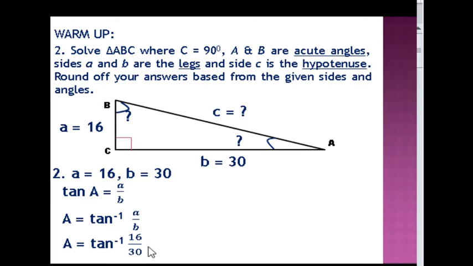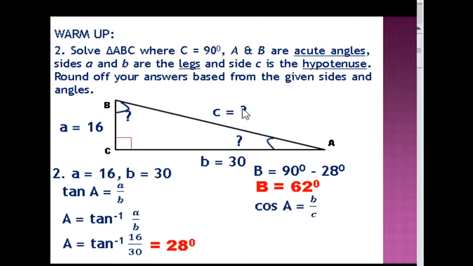Solving this in a scientific calculator, A is equal to 28 degrees. Now, since A and B are complementary angles, we can determine angle B by getting the difference of 90 and 28 degrees. So B is equal to 90 minus 28, where B is equal to 62 degrees.